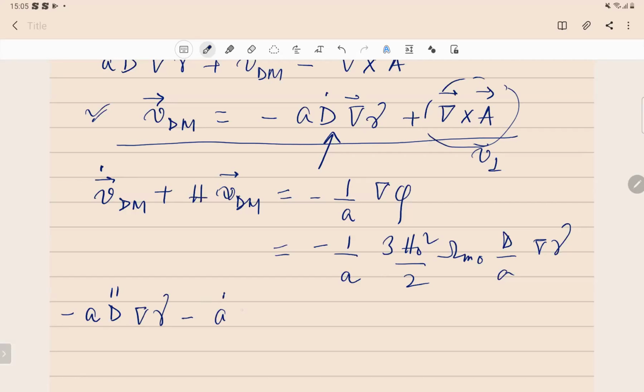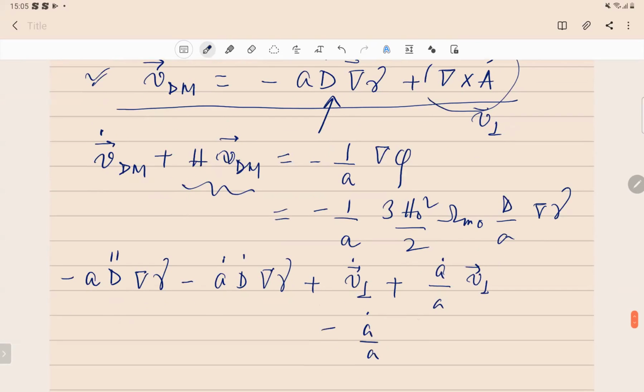minus a dot d dot grad xi plus v perpendicular dot plus a dot by a, that is this term, I'm doing this term now, a dot by a v perpendicular minus a dot by a d dot grad gamma.